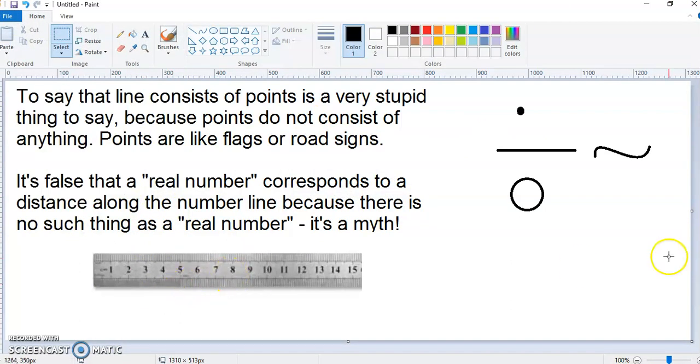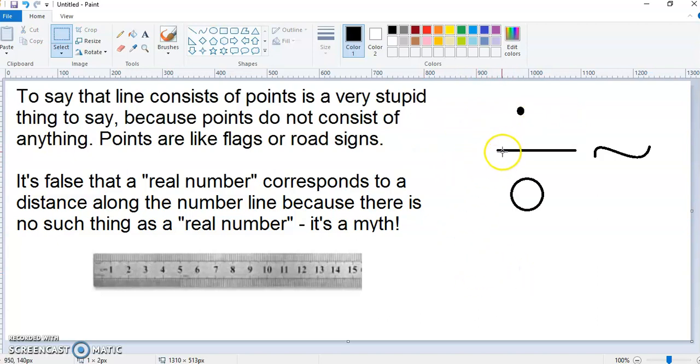Now, you've obviously been brainwashed to believe that this object here is a point. Okay, it's not a point. It's a visualization of a point. It merely denotes the idea of location or place.